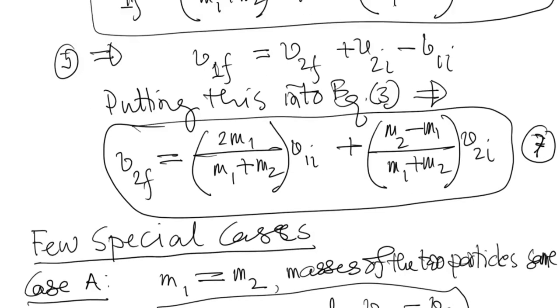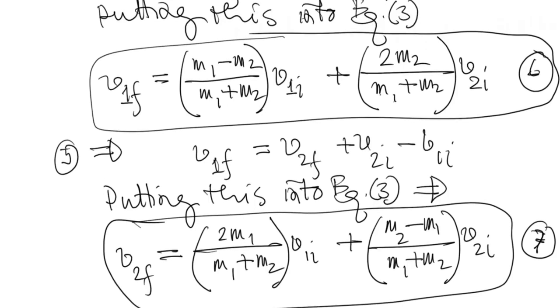So if particle 2 is stationary, then this term will disappear because this is 0. So we will be left with only this, and here this term will be 0. So v2f will be this term only.